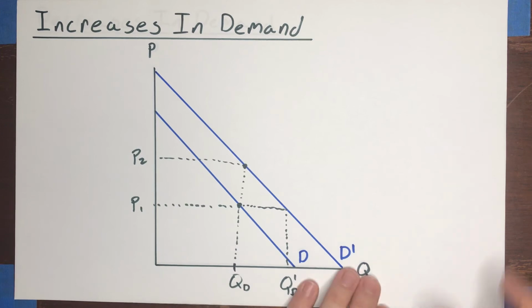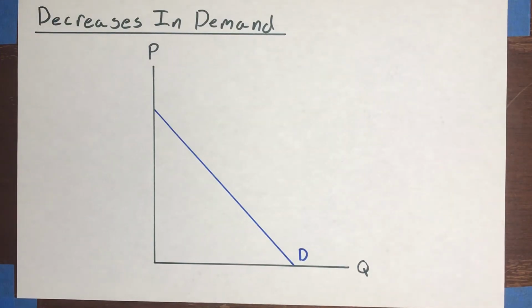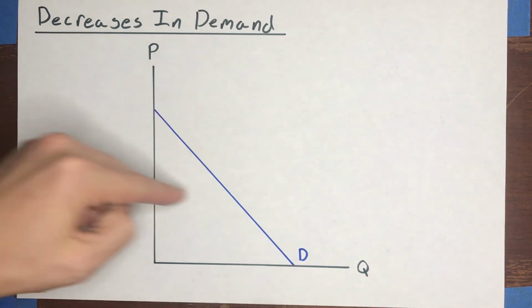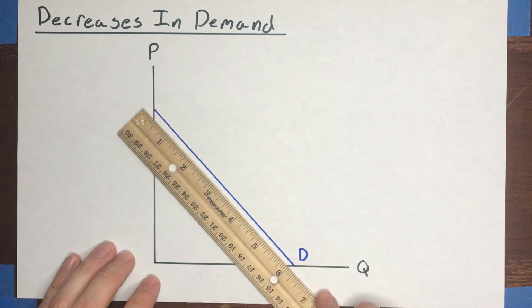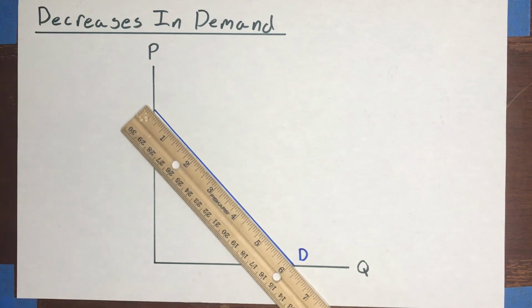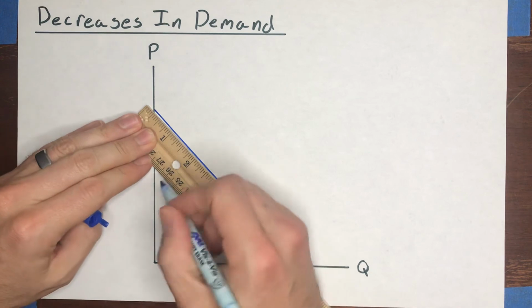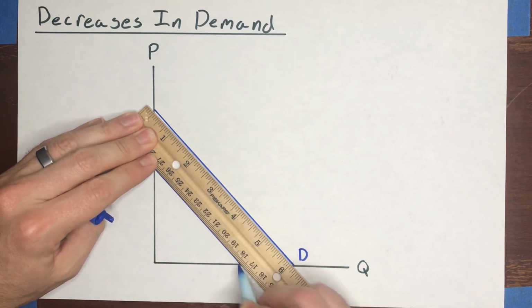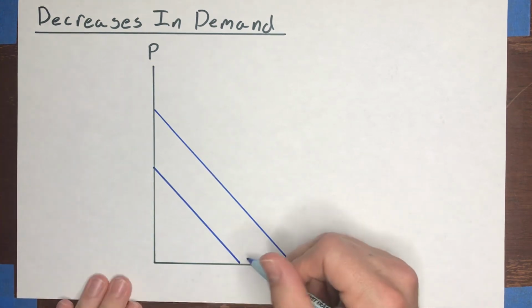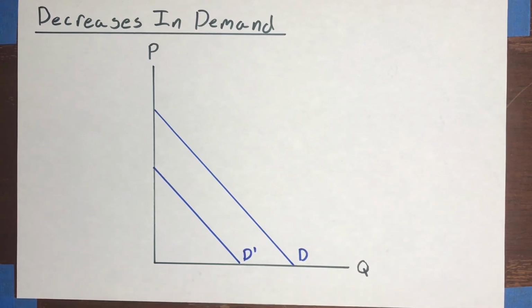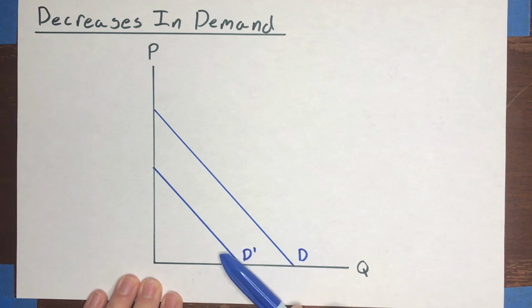Now that we have that figured out, it's pretty straightforward to use the same reasoning to think about what a decrease in demand looks like. That's just going to be a downward and leftward shift of the demand curve. So if I have my original demand curve D and a new demand curve D prime, this second demand curve represents a reduction in demand. The reasoning is exactly the same as before.